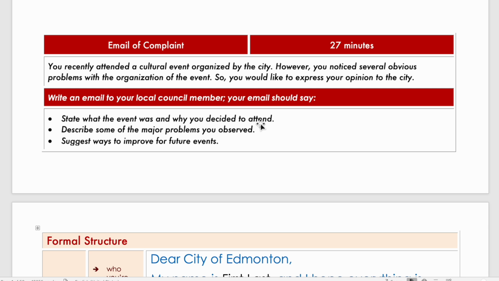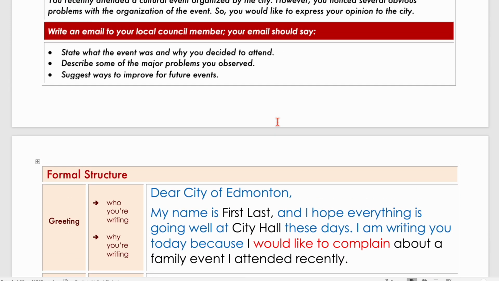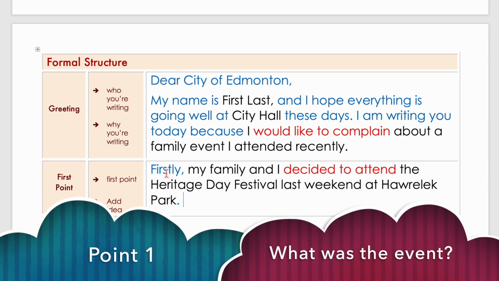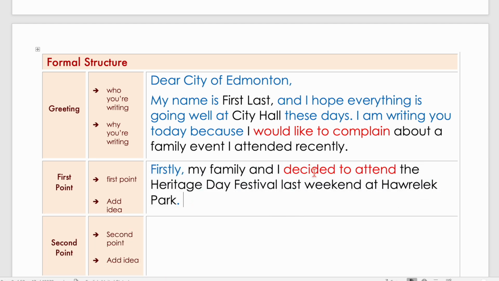Usually the email has 3 points. State what the event was and why you decided to attend. So let's write the first sentence here. Firstly, my family and I decided to attend the Heritage Day Festival last weekend at Horlick Park. Okay, very direct and clear.